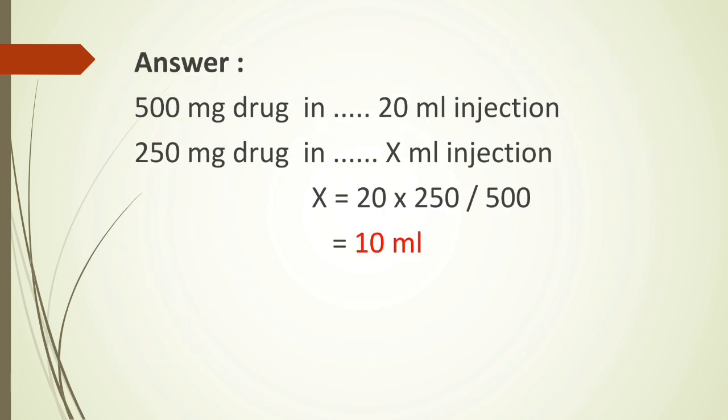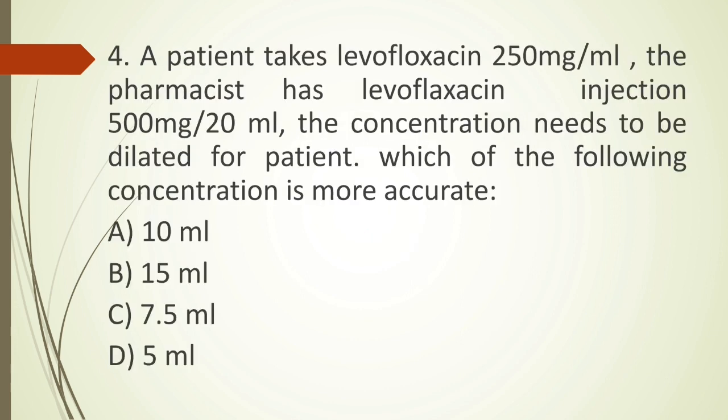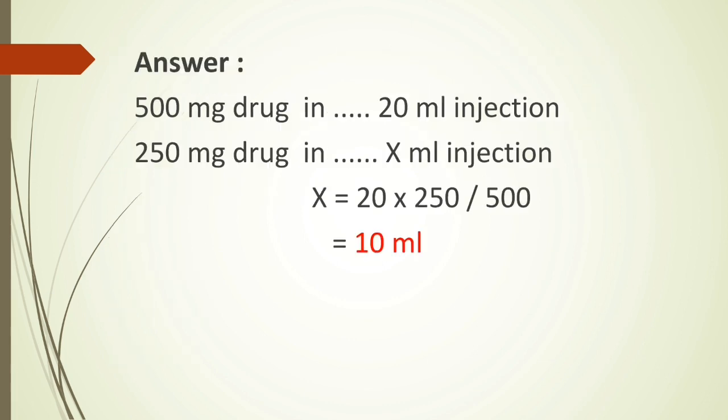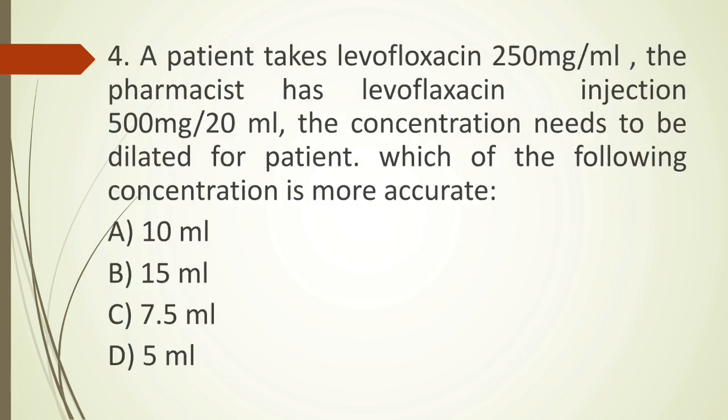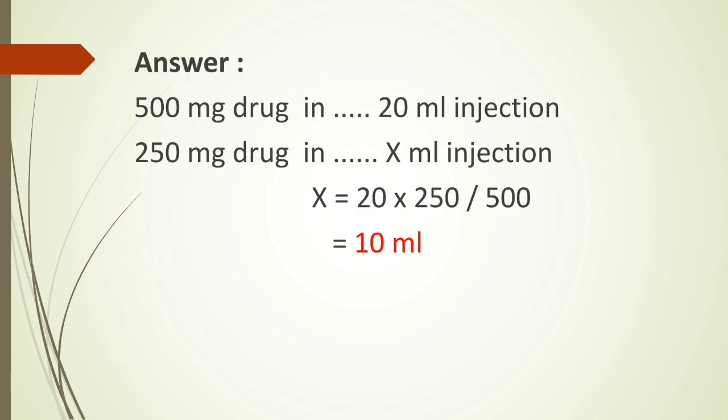From the question, 500 mg is present in 20 ml of injection. So the patient needs 250 mg drug, and that will be present in X ml of injection.